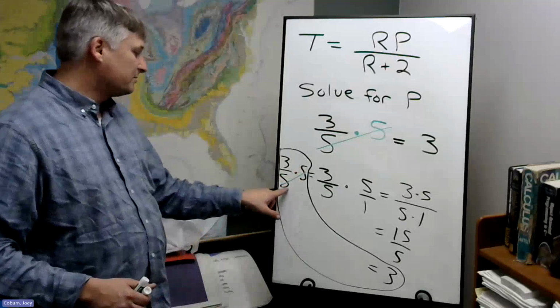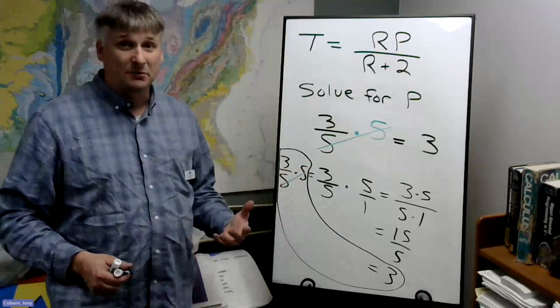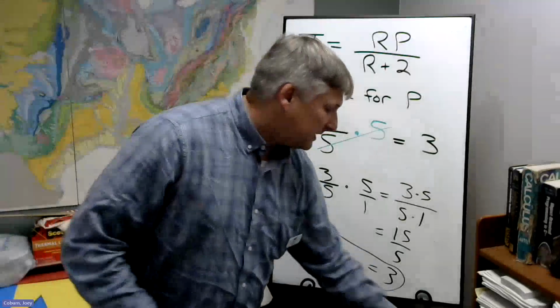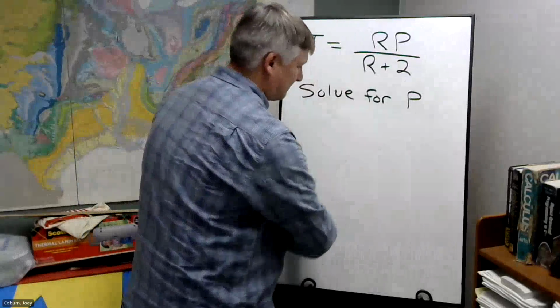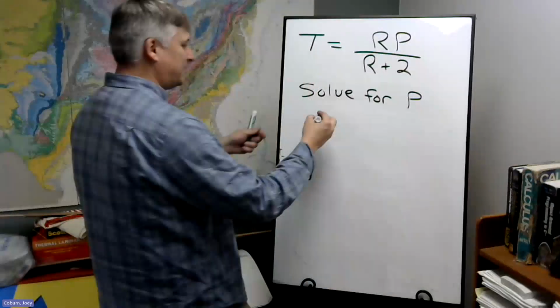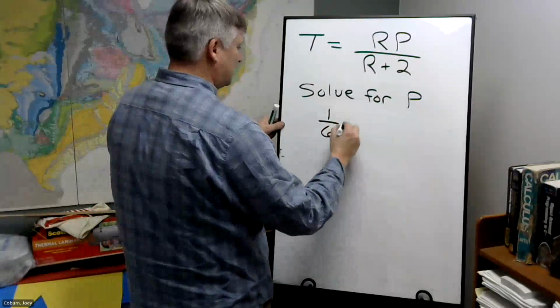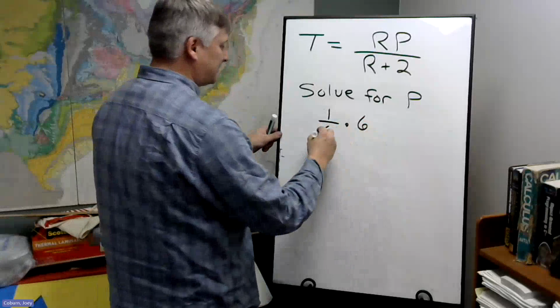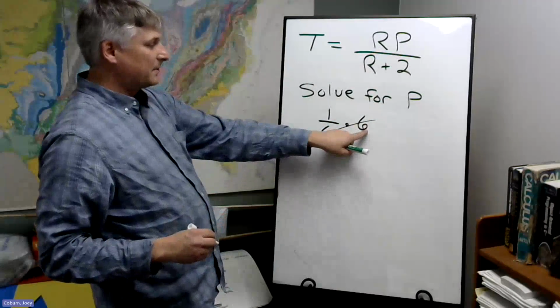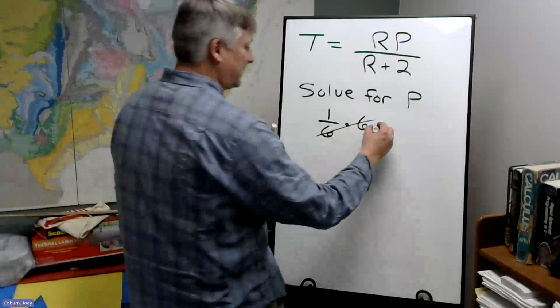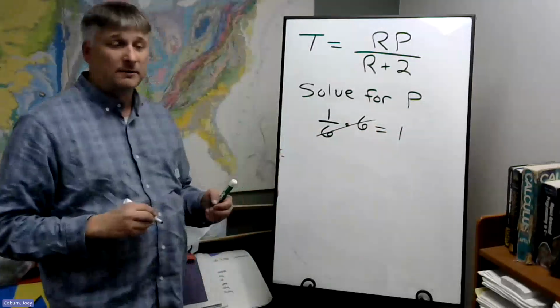Miles above, miles below, the miles would cancel. So in general, if we take a fraction and multiply by its denominator, the denominator and the number now duplicated up here cancel, we would get 1.